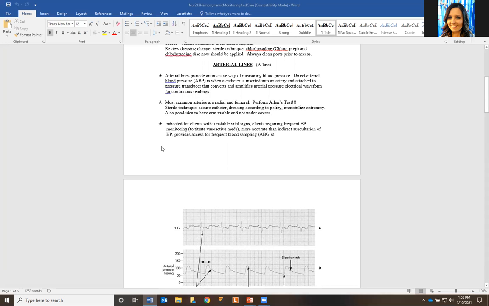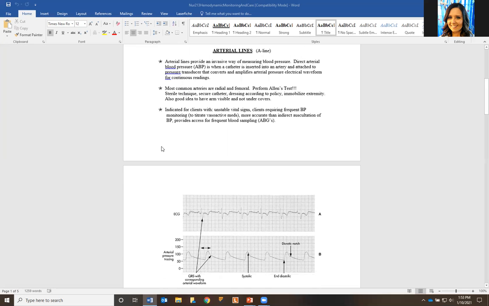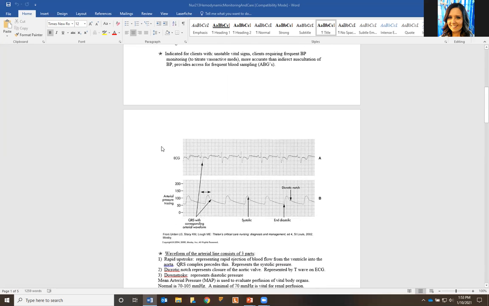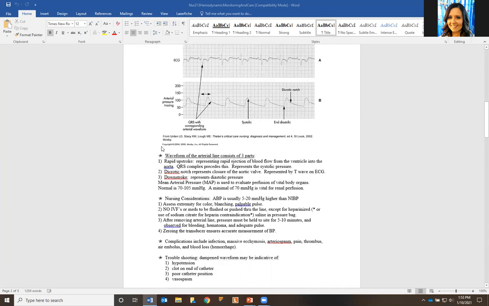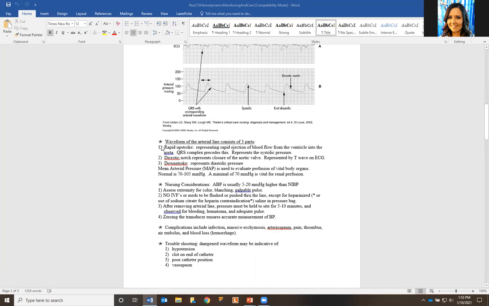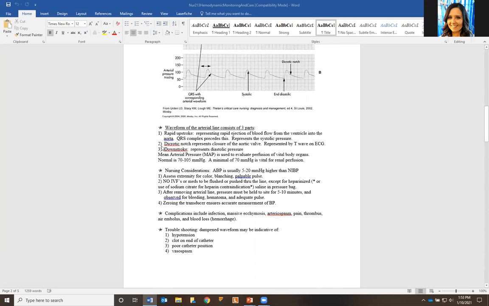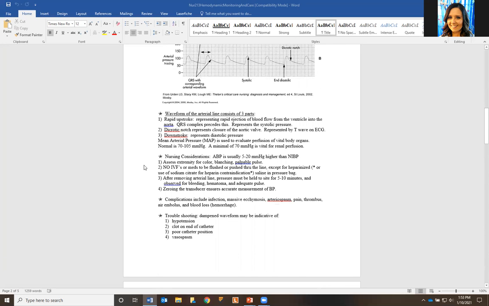We're going to monitor their blood pressure. We'll use this blood pressure to titrate our vasoactive medications. We can also draw labs and ABGs, but remember we don't infuse medications through an A-line. Remember your waveform, we're looking for that dicrotic notch, which signifies the closure of that aortic valve.